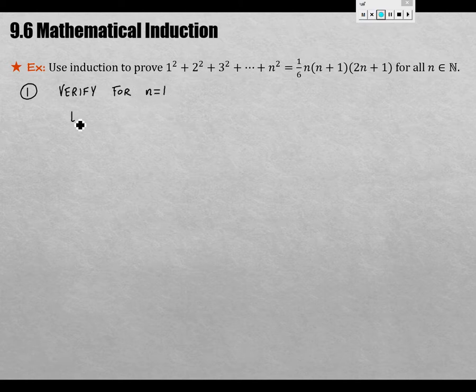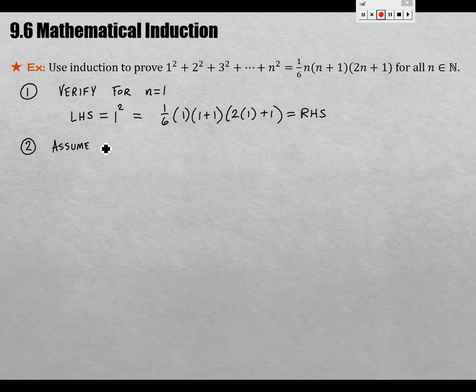Is it really true that 1 squared is equal to 1/6 times, I'm just going to do this in faith, but can someone just check that really is true? I'll cover the equality up until I really believe it. 1/6 times 1 times 2 times 3. Everyone okay with calling those equal? Okay, good.